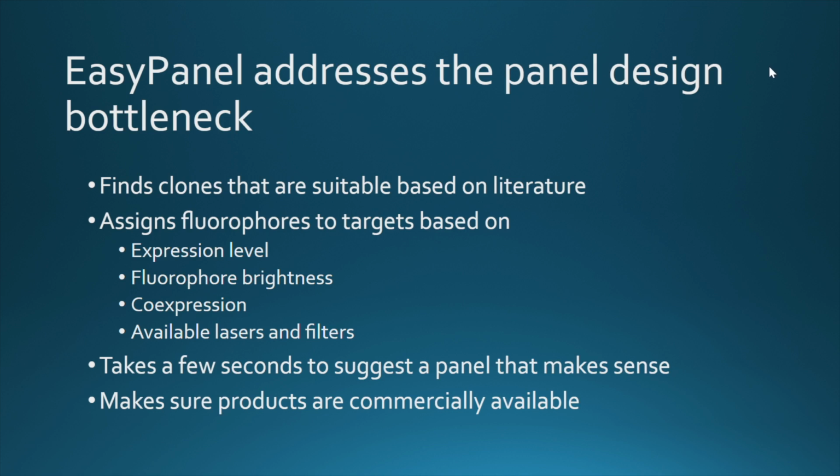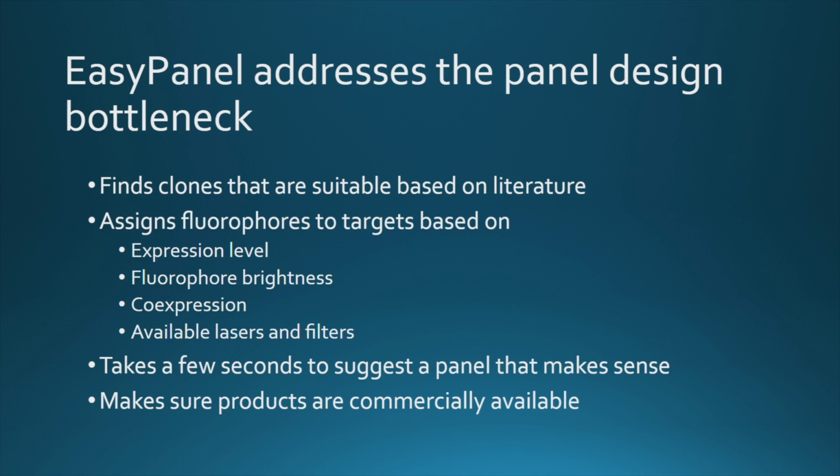Not everyone knows how their markers are co-expressed on the different cell types they have in their samples. But if you do, or if you have a sense, then it's especially important to put these co-expressed markers, markers that are simultaneously expressed on the same cells, on fluorochromes with particularly low spillover. And again, EasyPanel can account for that, as I'll be showing soon.